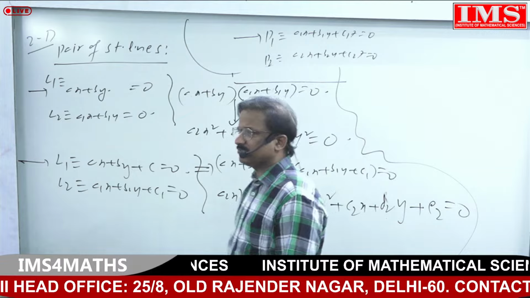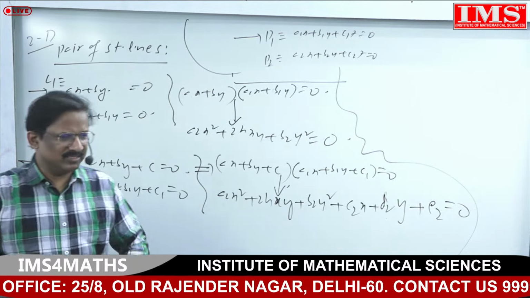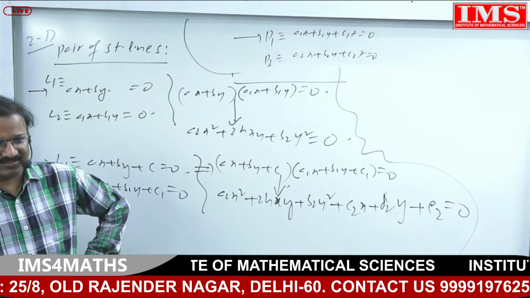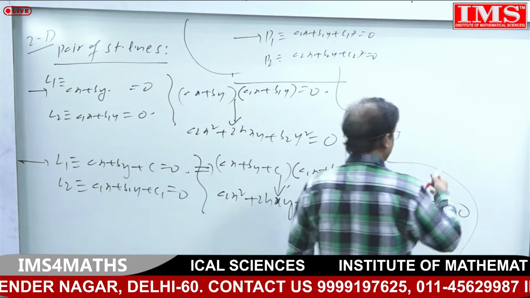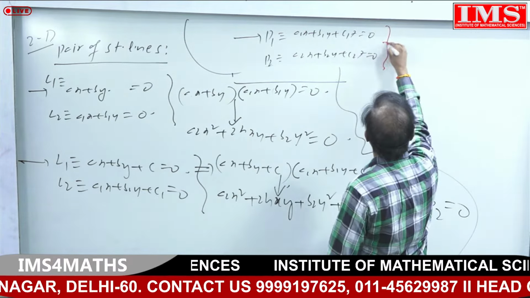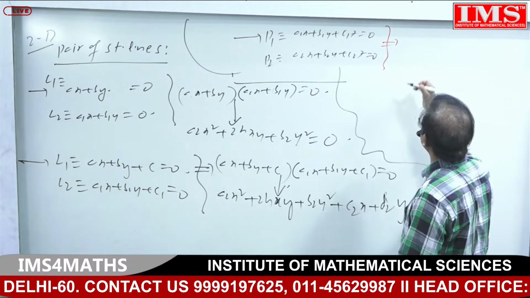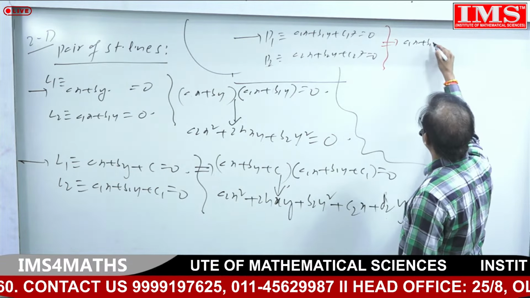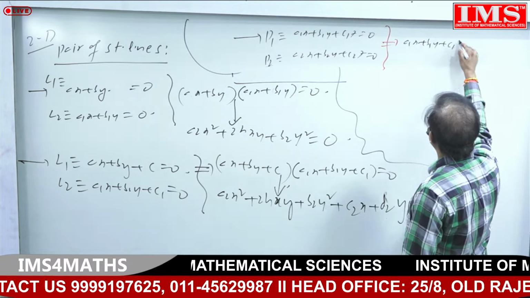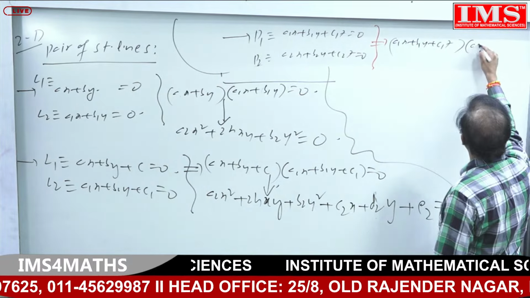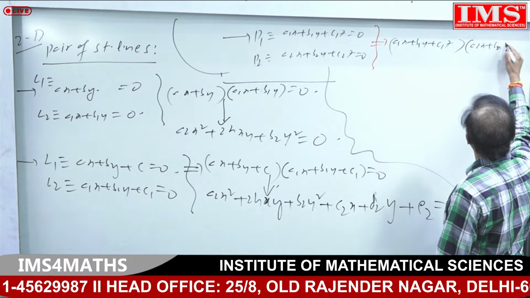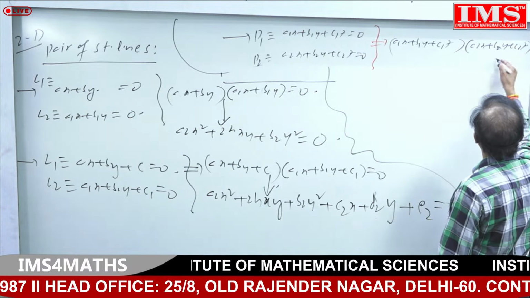These two planes are passing through the origin, isn't it? What is the pair of these two planes? The pair of these two planes is nothing but A1x plus B1y plus C1z multiplied with A2x plus B2y plus C2z is equal to 0 finally.